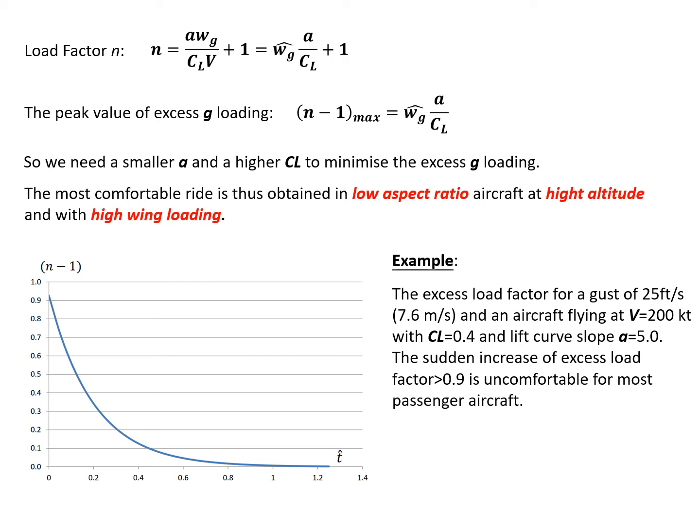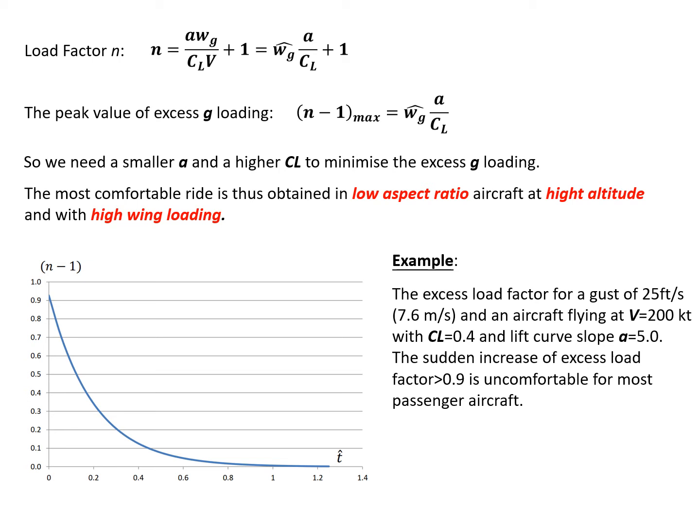So at the beginning, the initial excess G loading is about 0.9. This is very uncomfortable because if we add 1, the G loading is already 1.9. And if you are a passenger sitting in an aircraft, you will feel really uncomfortable.